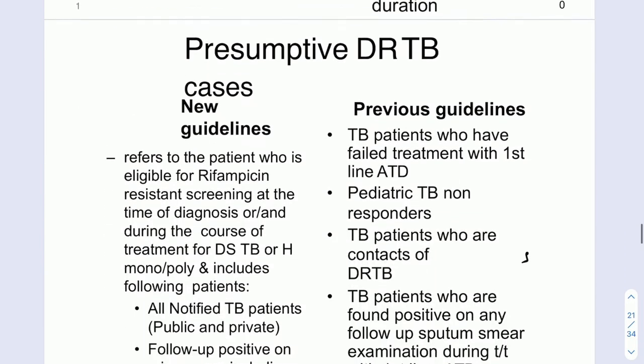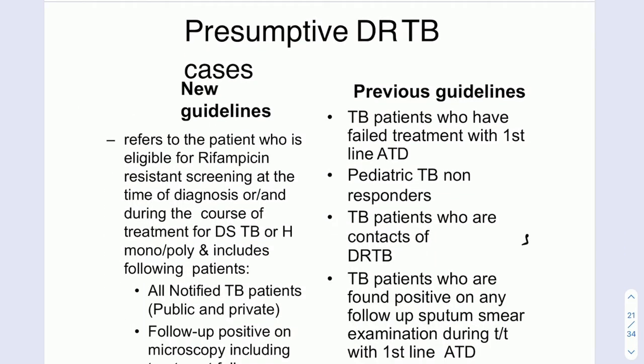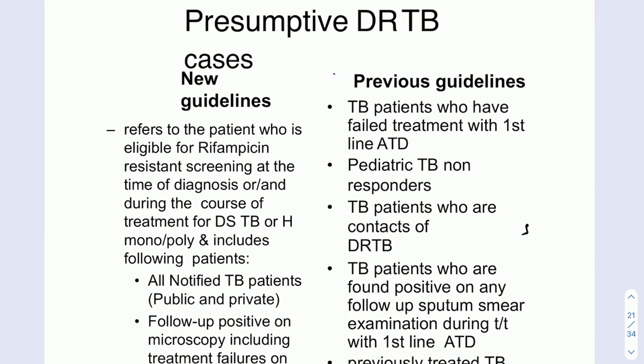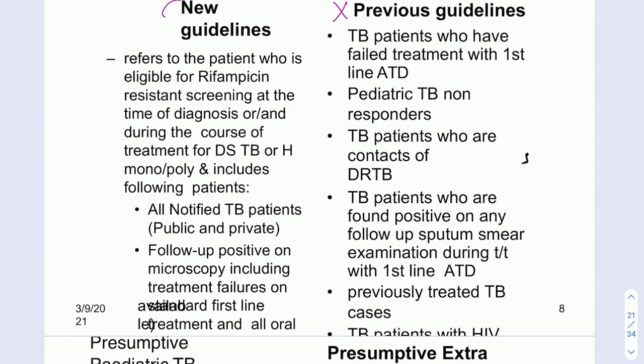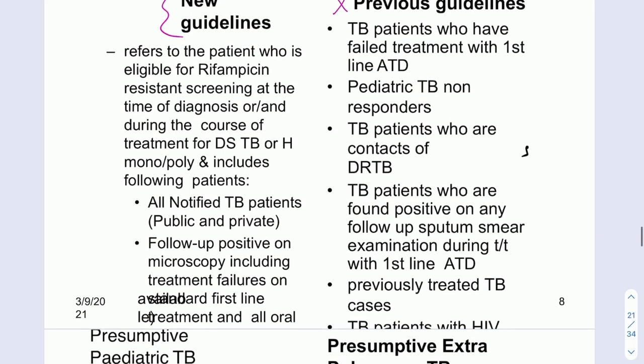Now, what are presumptive drug-resistant tuberculosis cases? Again, I will not go into the detail of the previous guideline, but I have just shown this for comparison purposes. About the new guideline, when will we call a person as having presumptive drug-resistant tuberculosis?